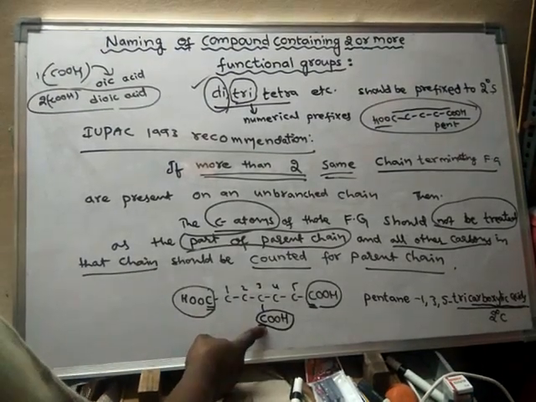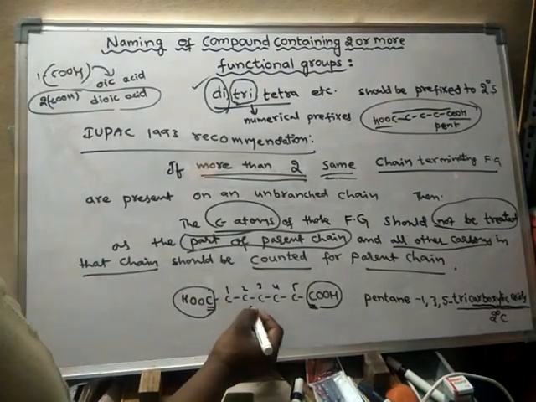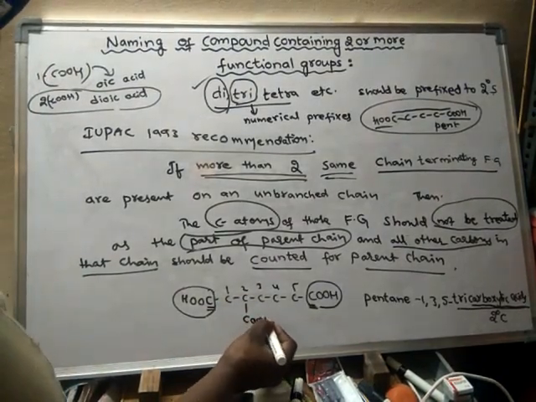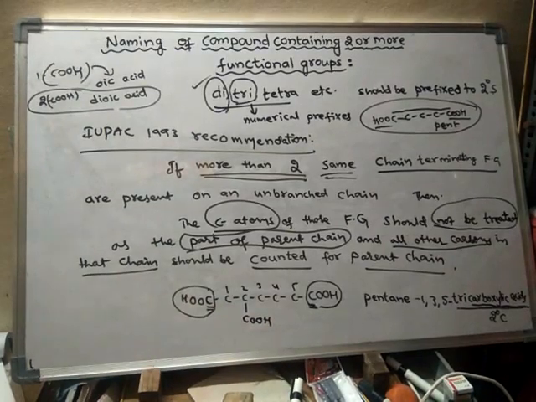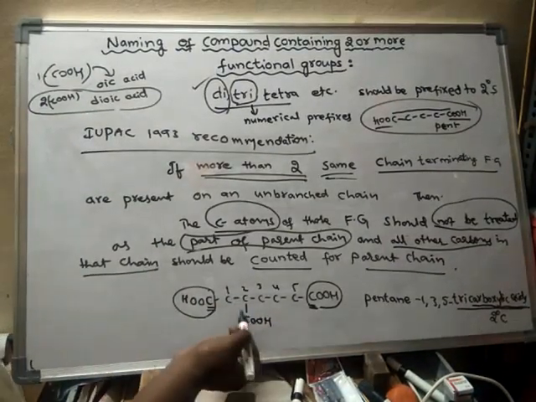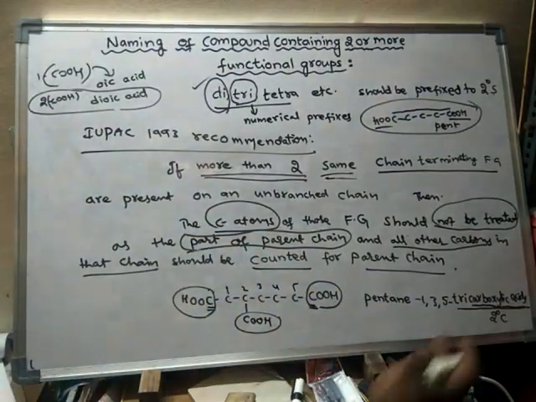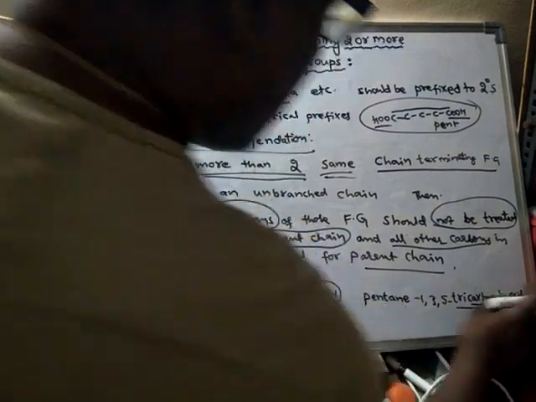Suppose this COOH group is present on this carbon, then what is the name? Now we have to change the numbering. The same 3 COOH groups are there, hence tricarboxylic acid only.